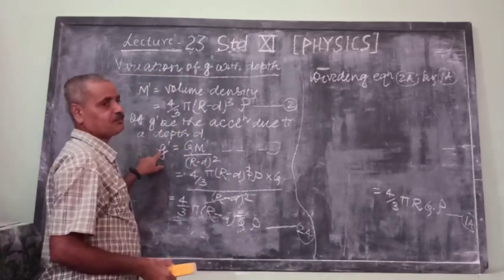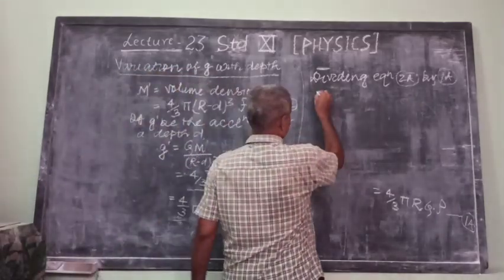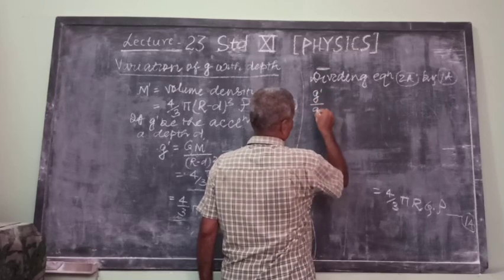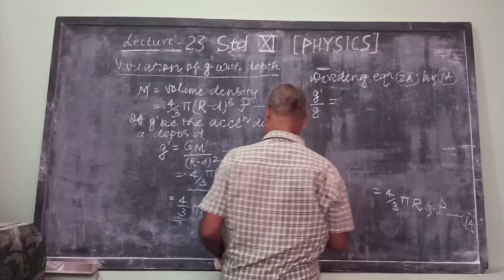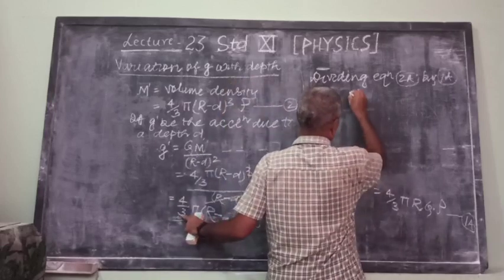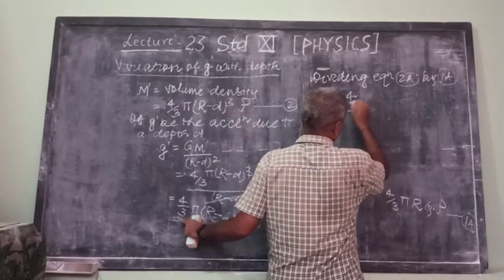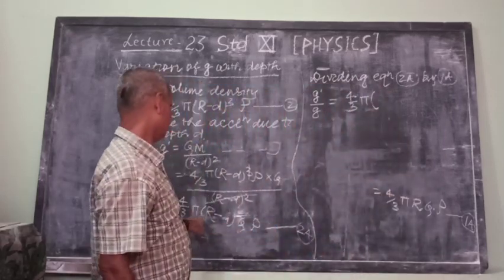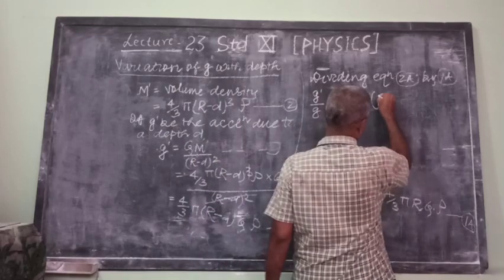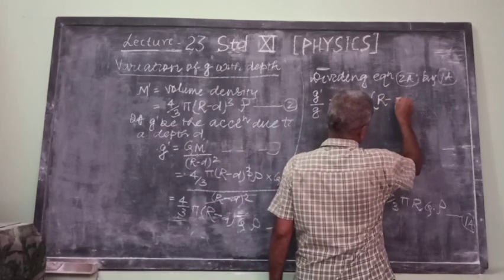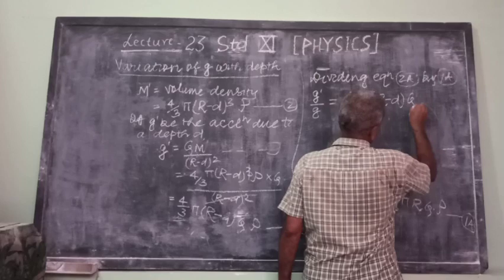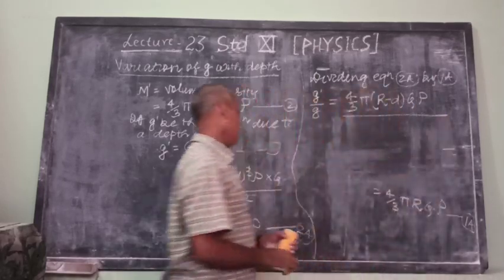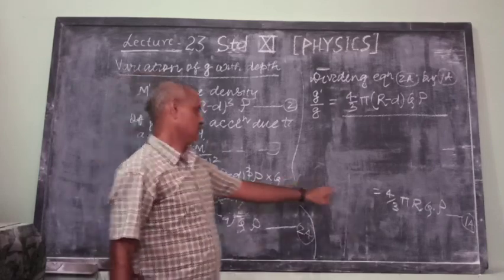So what is your 2a? 2a gives the value of g dash. So we can write g dash by g, and this can be written as 4 by 3 pi, this term is r minus d multiplied by g into rho, and this will be divided by g.